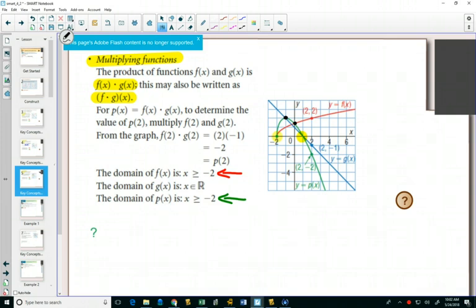Does that make sense? Because multiplying by 1 doesn't change the value. So when the red function is 1, your green graph will be right where the blue graph is. Where your blue function is 1, your green graph will be where the red function is.